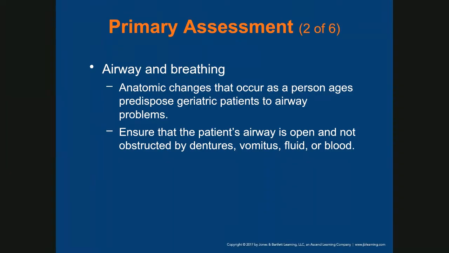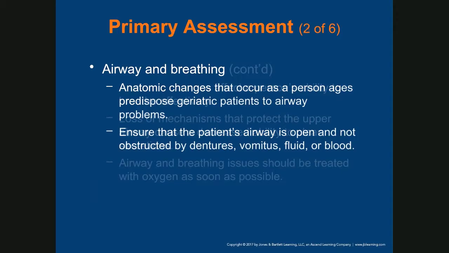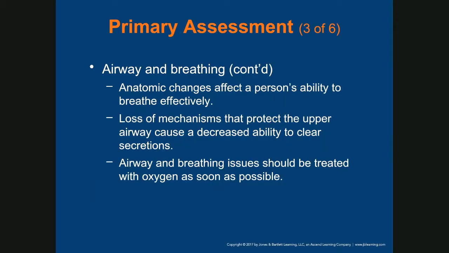Anatomic changes that occur as a person ages predispose geriatric patients to airway problems. Ensure that the patient's airway is open, not obstructed by dentures, vomitus, fluid, or blood. Anatomic changes affect the person's ability to breathe effectively, right?